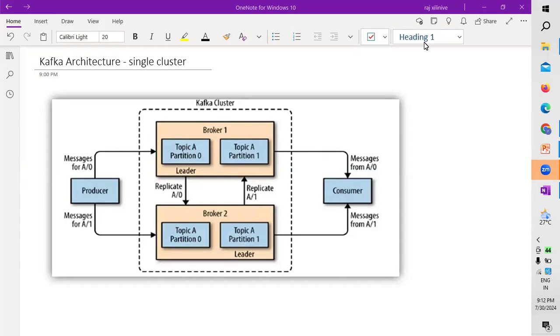Each partition is hosted on a single server, and can be replicated across a configurable number of servers for fault tolerance, etc.